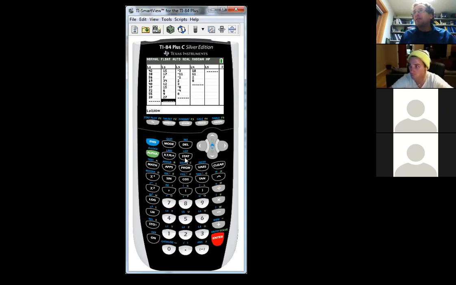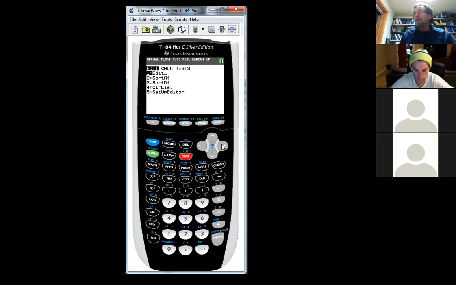Okay, so then we're going to go to stat, tests, use the up arrow because it's a lot faster. And we're going to use LinRegTTest. As I mentioned a bunch of weeks ago, the last half of this class is learning all the menu items on this test. And here's LinRegTTest.